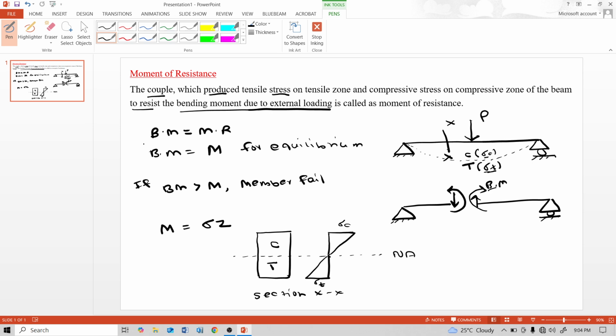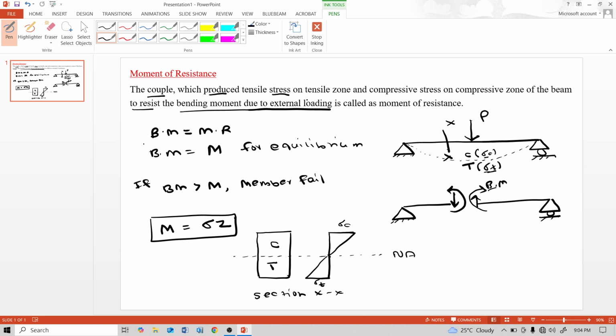And at the neutral axis, the stress is 0. So the moment of resistance is equal to the allowable bending stress into the sectional modulus, and the moment of resistance is denoted as capital M.